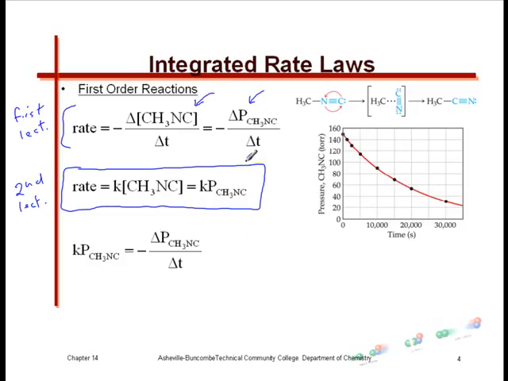The 10th edition Brown-LeMay, if I'm remembering correctly, only deals with the concentration here, but at any point in the equations that we're going to develop, we can interchange the partial pressure of the reagent with the concentration of the reagent, depending on what data is given to us initially. For this particular example, we start with the partial pressure of the reagent, and we watch as that partial pressure decreases over time.